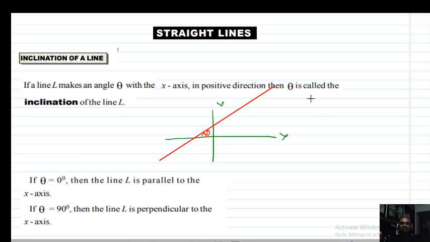Theta belongs to closed 0 to open pi, or open 0 to closed pi. Both are the same. No problem. If theta equals 0, I can say that the line is parallel to the x-axis or on the x-axis. If theta equals 90 degrees, then I can say that the line is perpendicular to the x-axis or parallel to the y-axis. Okay. This is the concept of inclination.